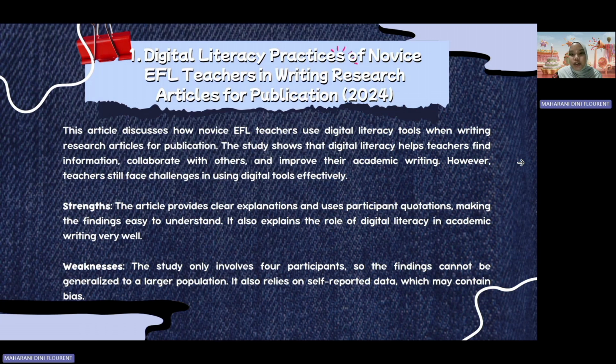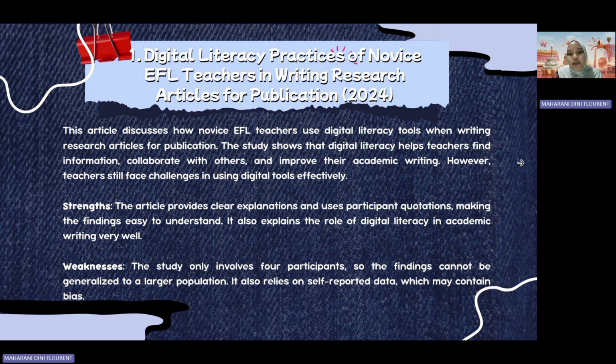The first article is titled Digital Literacy Practices of Novice EFL Teachers in Writing Research Articles for Publication, published in 2024. This study focuses on how beginner English teachers use digital literacy when writing research articles for publication.